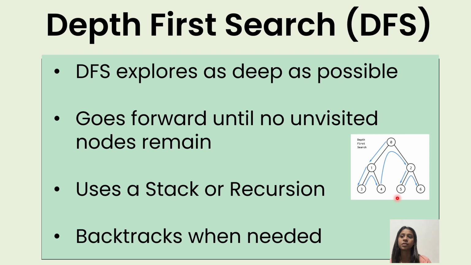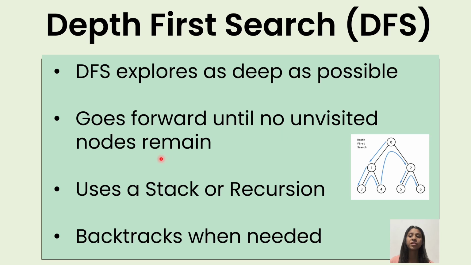So now let's go into DFS, which is the second method. DFS is the opposite vibe. Instead of looking around first, it just says, okay, let me go this way and see how far I can go. So DFS goes deep into one path.